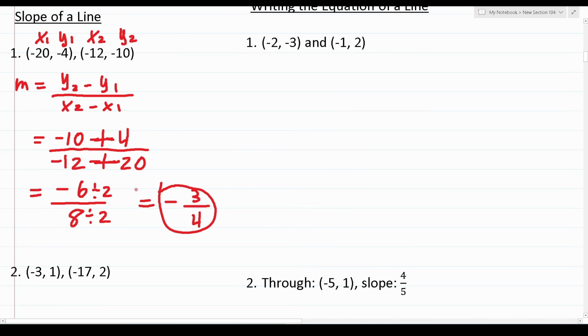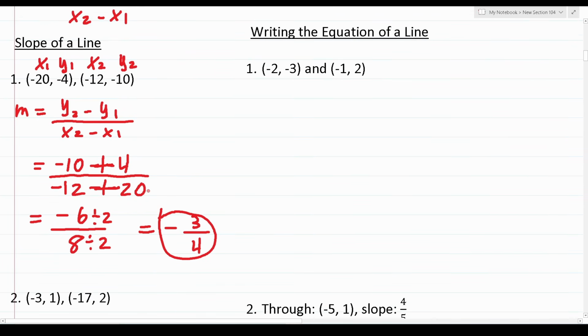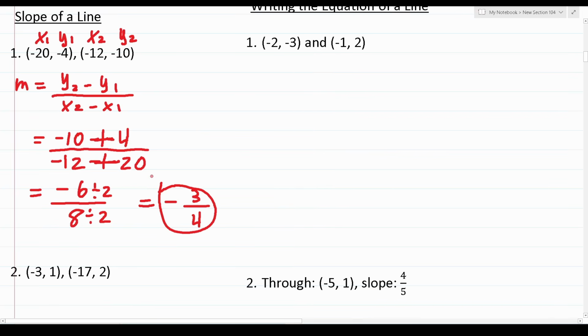So the slope of the line that passes through the points negative 20, negative 4 as well as negative 12, negative 10 is negative 3/4. Okay? And since our slope is negative, we know our line is decreasing as it goes from left to right.